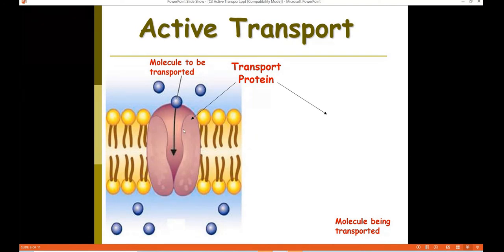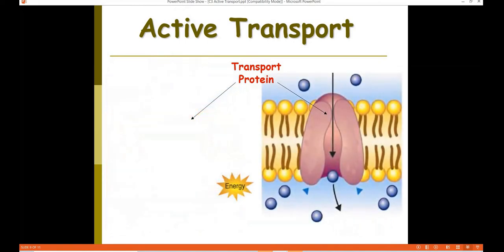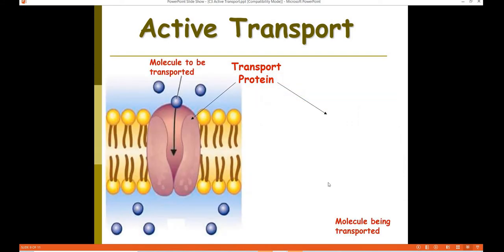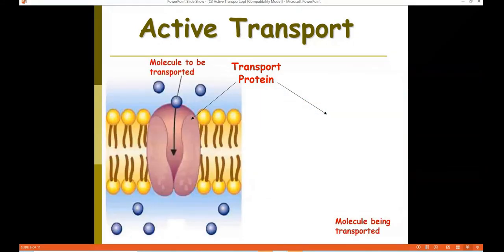This transport protein now changes shape, allowing this molecule to enter the cell. Can you see how it's happening? Energy is involved, and this transport protein closed from here and opened this way, making way for this molecule to enter the cell. Have you seen how it has happened? Is it clear? Do you see how the molecule is being transported from left side to right?